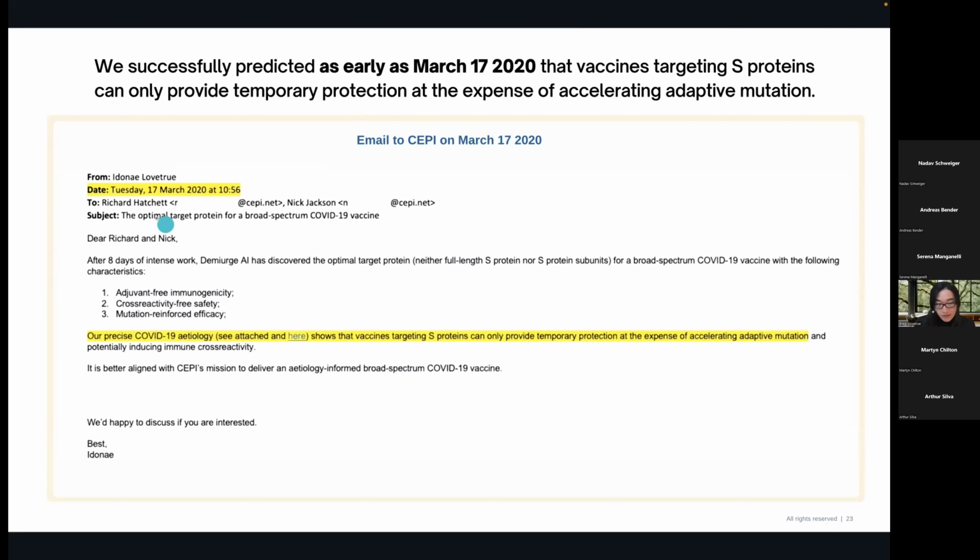As you see, we predicted as early as March 17, 2020, that all vaccines targeting S proteins only provide temporary protection at the expense of accelerating adaptive mutation. This was made when there was no data to back this up, because that was the time when Moderna had just injected the first mRNA vaccine into the first human volunteer. But now this prediction about the target has been fully validated.